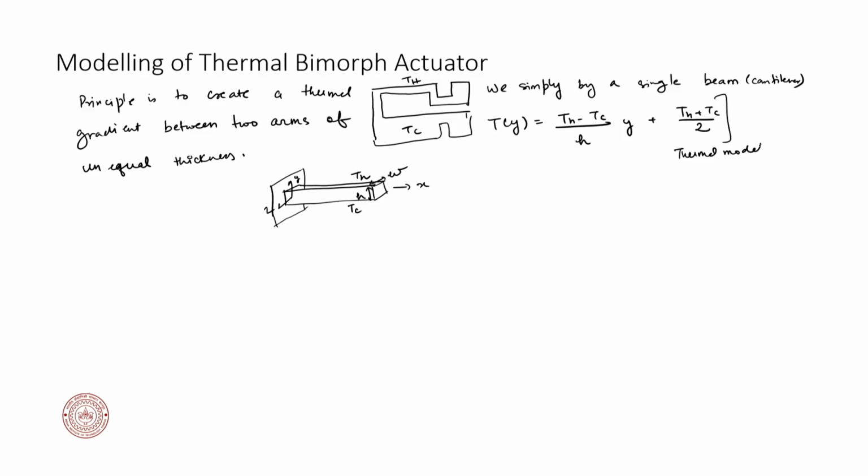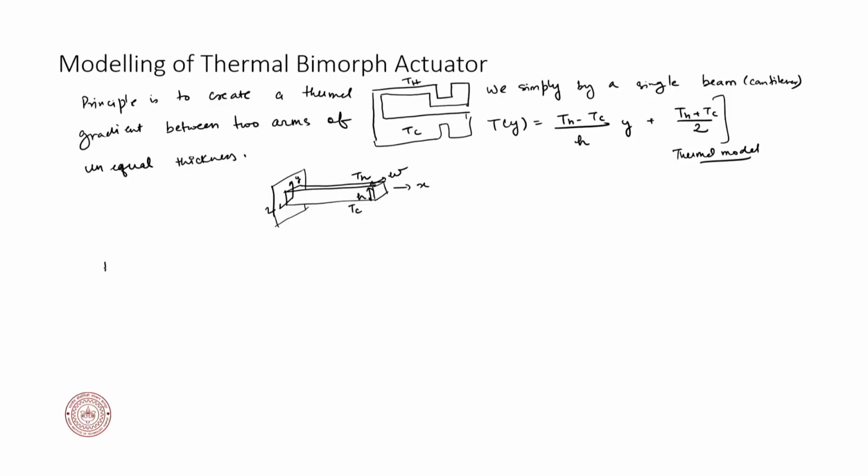I am not solving the thermal model again, we have done this before for a linear temperature variation with no heat generation. We will do the mechanics model for this.